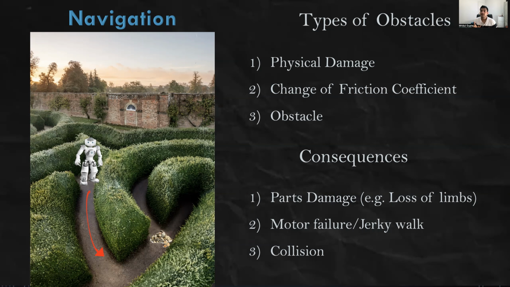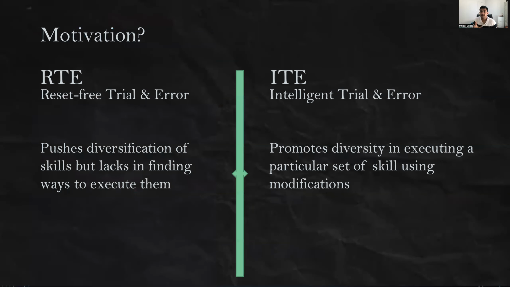Now, what's the motivation behind coming up with this hierarchical algorithm? We certainly have algorithms such as RTE, which is called Reset Free Trial and Error Algorithm, and ITE, which is called Intelligent Trial and Error Algorithm. RTE has a diverse set of skills, but lacks in finding different modified ways for doing them.